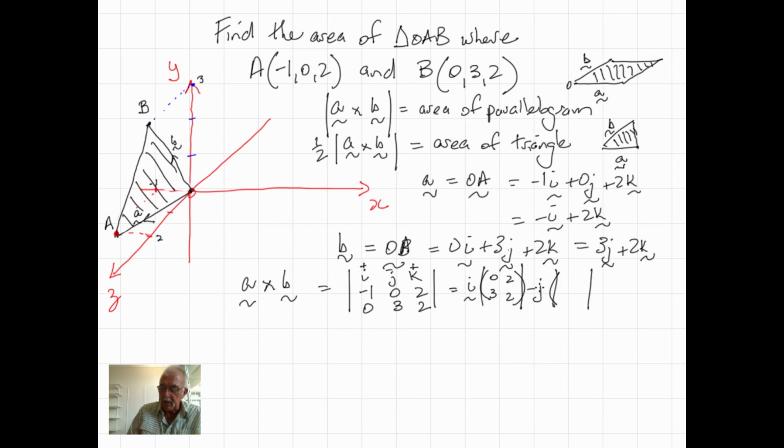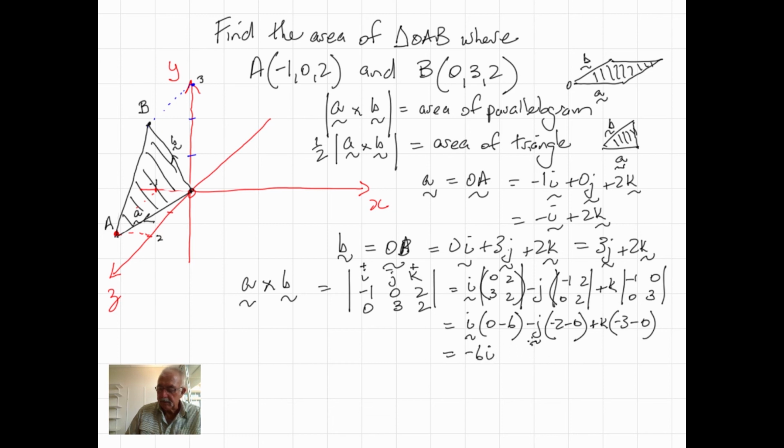Now the determinant of the first will be 0 minus 6, minus j times (-2 minus 0), plus k times (-3 minus 0), which is equal to -6i plus 2j and minus 3k.